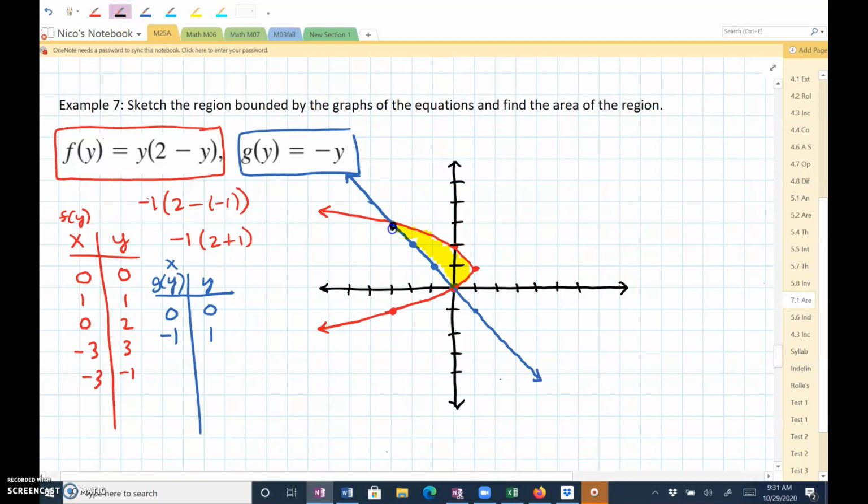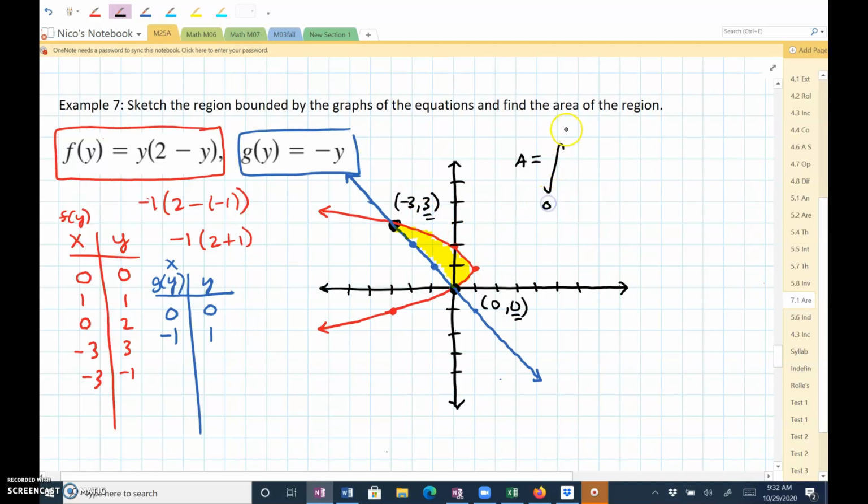Okay, so these 2 points are the critical points here. So this is going to be negative 3, comma 3, and this is going to be 0, comma 0. So now when I figure out the area, the integral is going to be from 0 to 3.